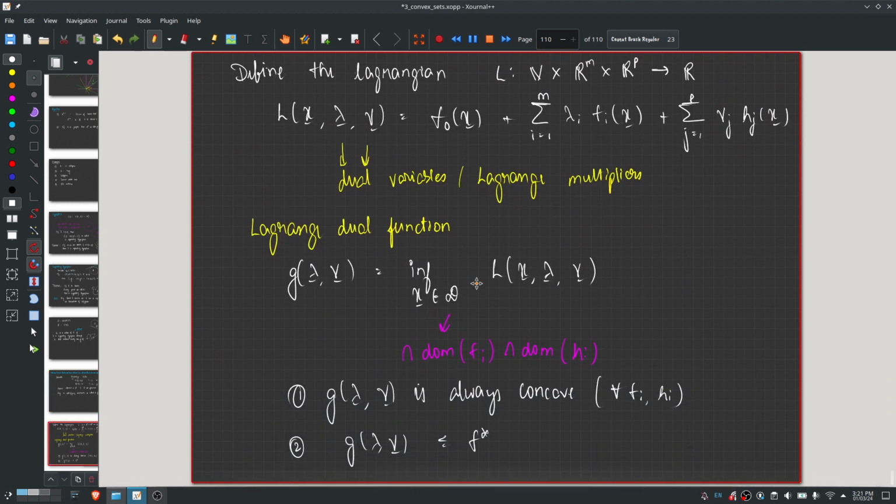So this will be less than or equal to f star for all lambda which are component-wise greater than or equal to 0, so every lambda_i is greater than or equal to 0, and for all nu in R^p. Okay, so it's less than or equal to f star.